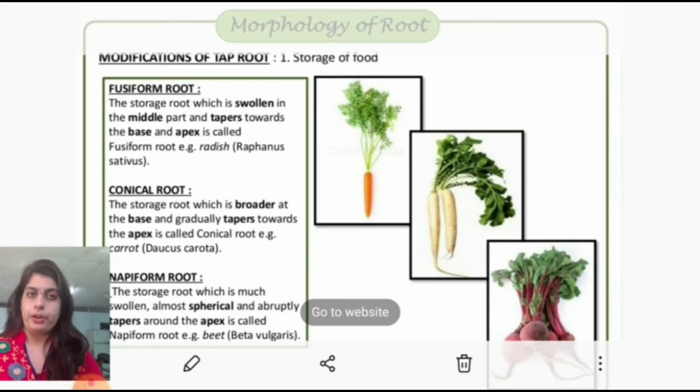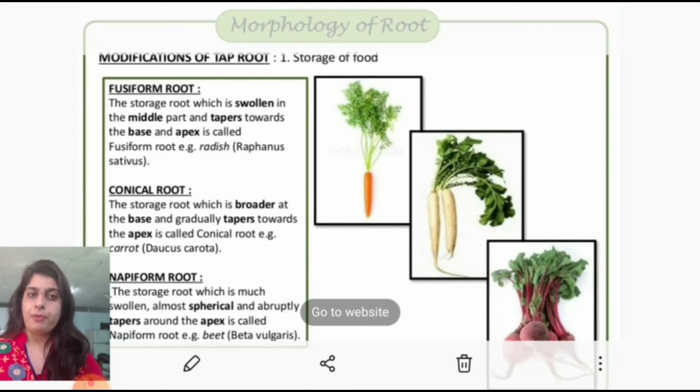Next is conical root. Conical root also has the same modification, that is storage of food. The example of conical root is carrot. It is tapered from the apex and it is broader from the base.